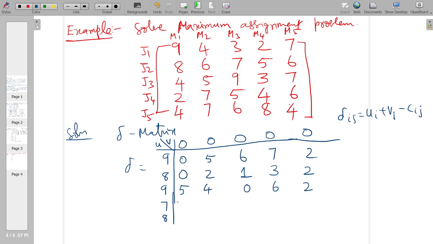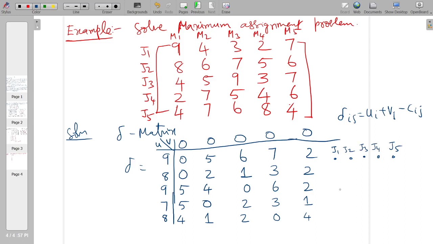Next, 7 minus 2, 5; 7 minus 7, 0; 7 minus 5, 2; 7 minus 4, 3; 7 minus 6, 1. 8 minus 4, 4; 8 minus 7, 1; 8 minus 6, 2; 8 minus 8, 0; 8 minus 4, 4.